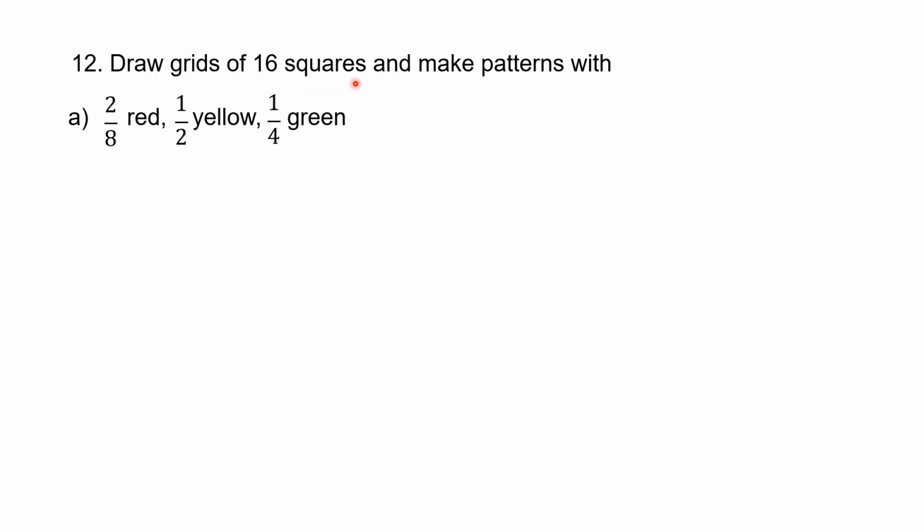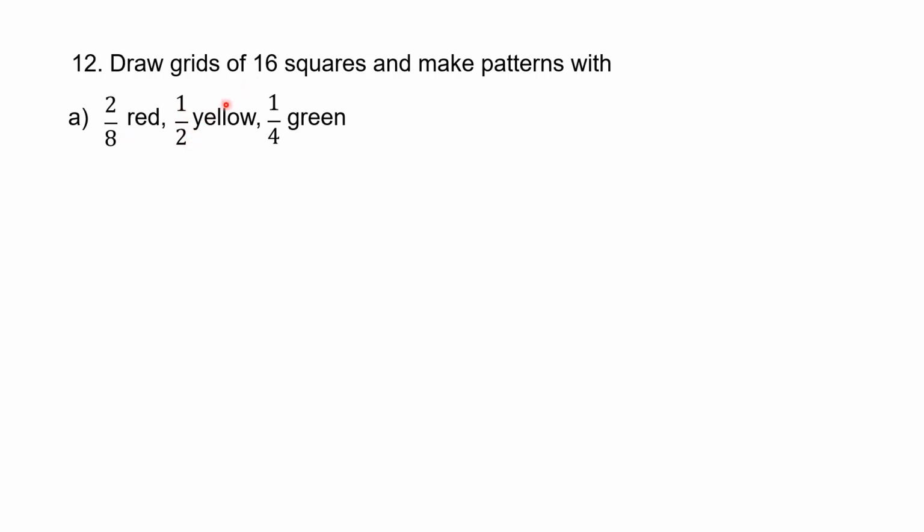Draw grids of 16 squares and make patterns with 2 by 8 red, 1 by 2 yellow, 1 by 4 green. First of all, we have to draw a square grid of 16 squares. Then 2 by 8 of 16 must be in red.